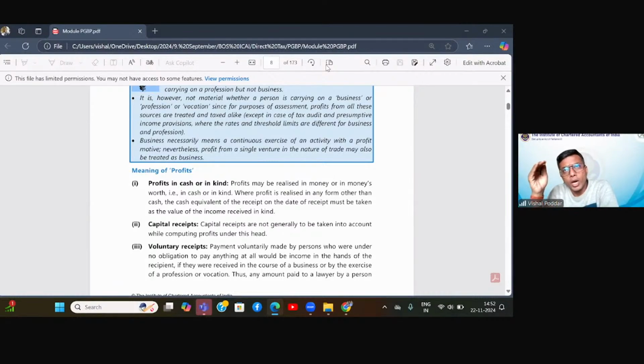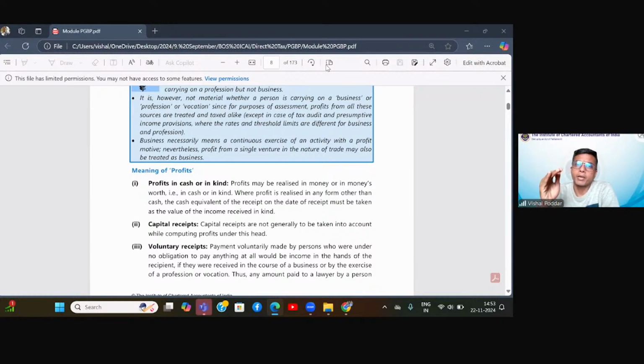However, when you go to the other sources chapter, in section 68, 69, they have listed out four scenarios where if one of those things has happened, they will deem that particular amount to be your undisclosed income.